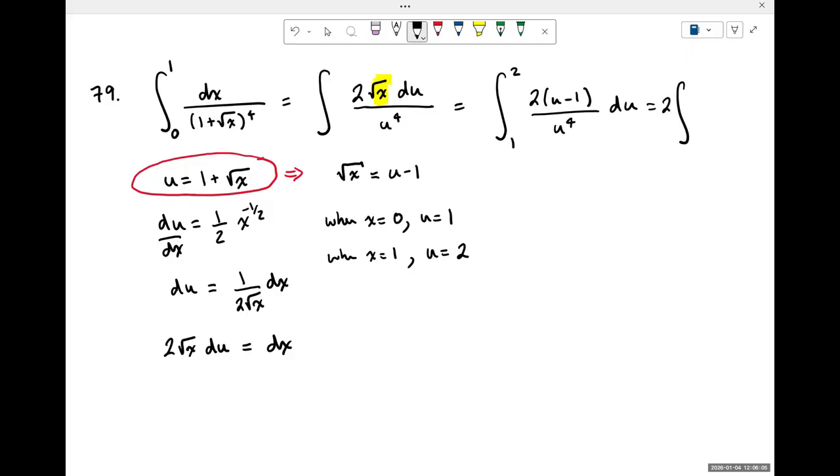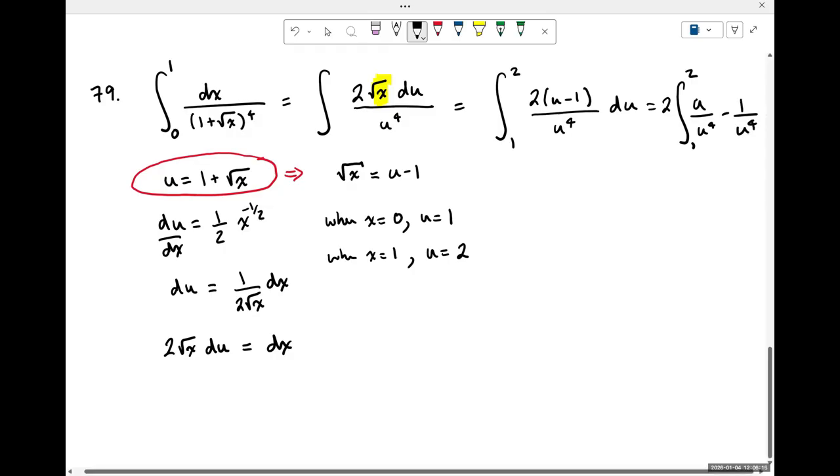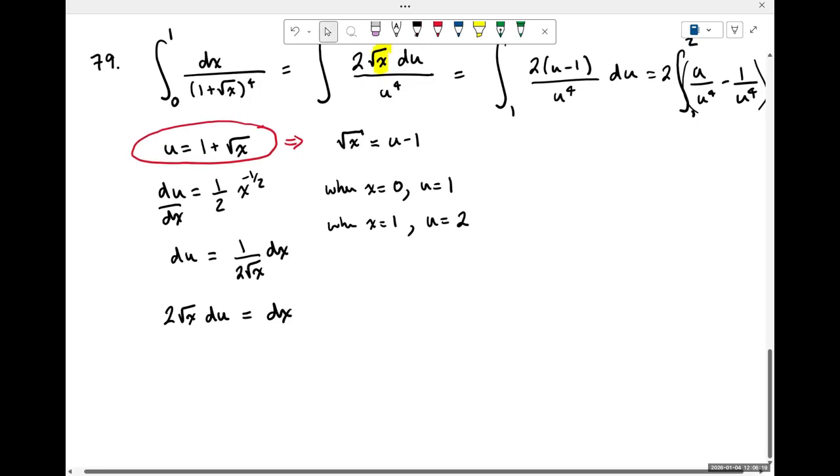All right, so we can clean this one up a little bit better as well. I'm going to take that 2 out in front, and then I have u over u to the 4th minus 1 over u to the 4th, so I don't mess it up. All right, let me move myself down here to the bottom again so we're not shoved up in the corner.